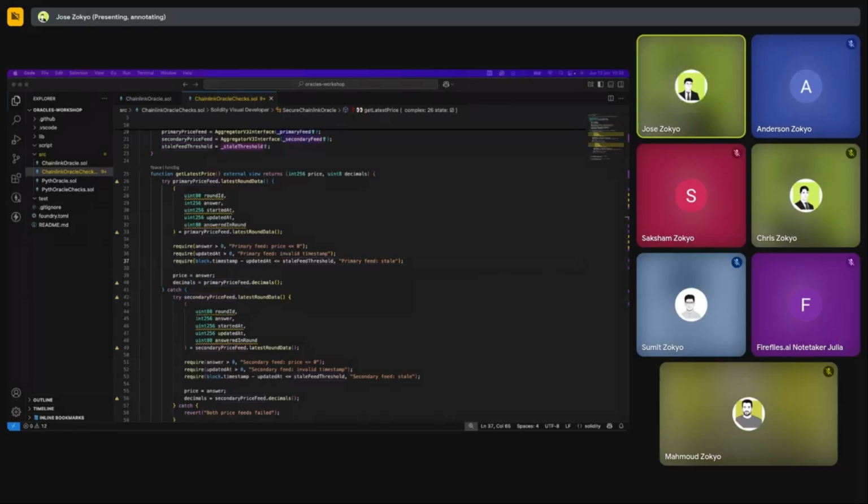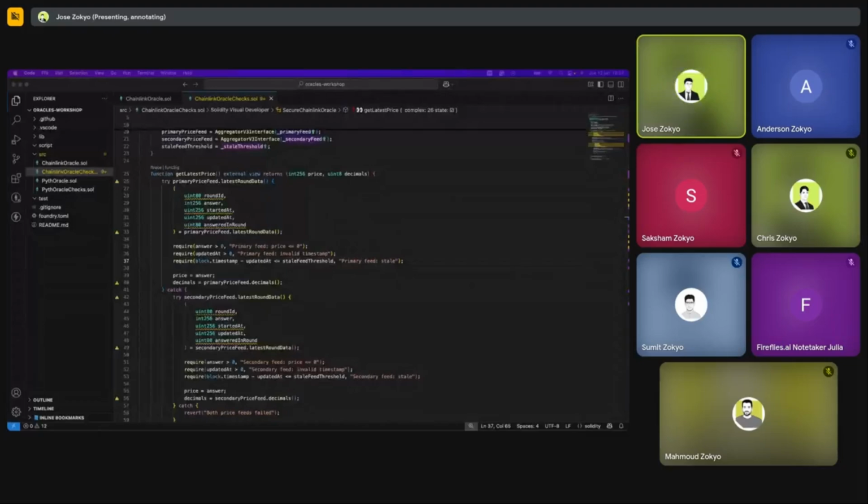A sequencer is publishing the prices from layer 1 to layer 2. The sequencer is like a bridge, but don't imagine a crypto bridge for moving assets from one blockchain to another. When I say a bridge, I mean a point that can fail and not work correctly.